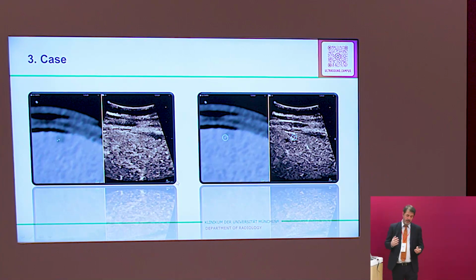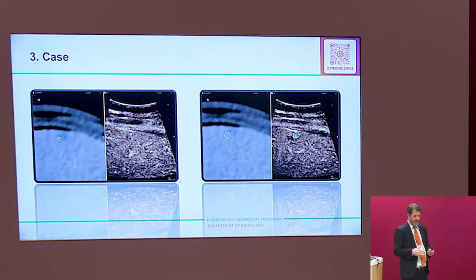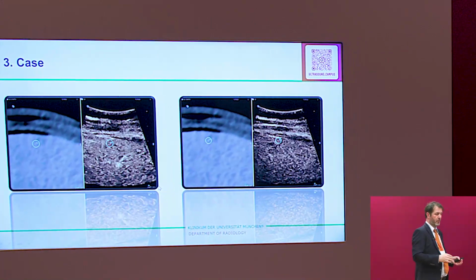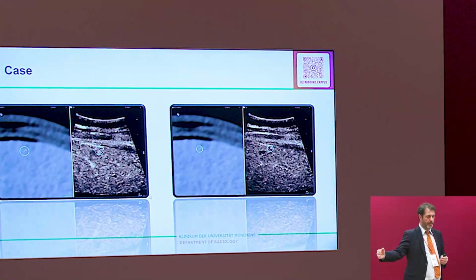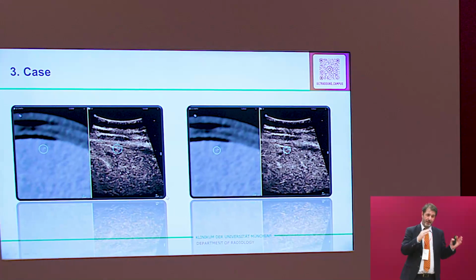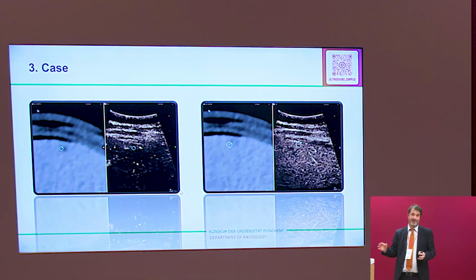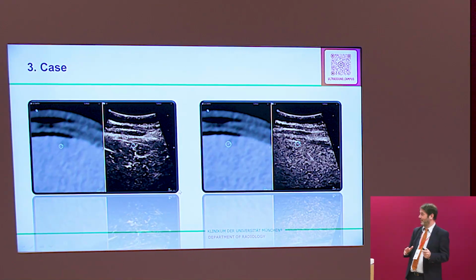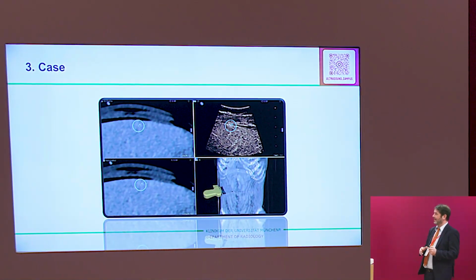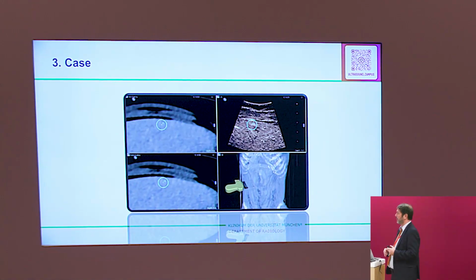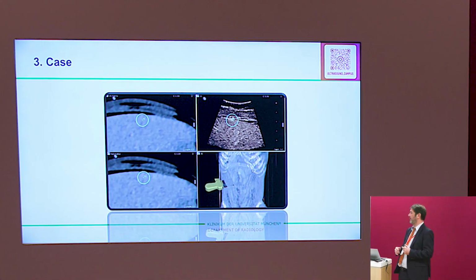So if you have less experience with contrast, we make it very easy. Every lesion which has an uptake and still has contrast at the end of the examination is benign. Every lesion which has an uptake and a washout in the late phase is a malignant lesion. So that makes it easier for you. So we look later, this is after about 1.2 or 1.5 minutes.